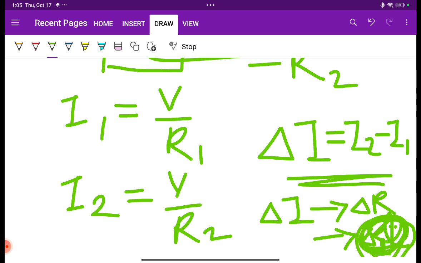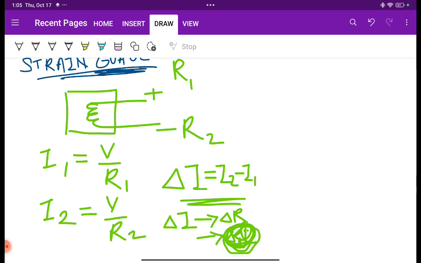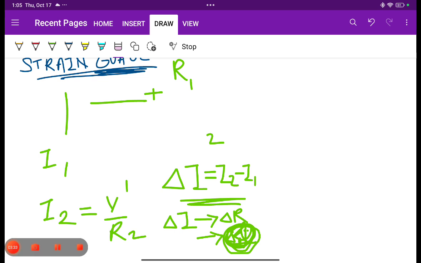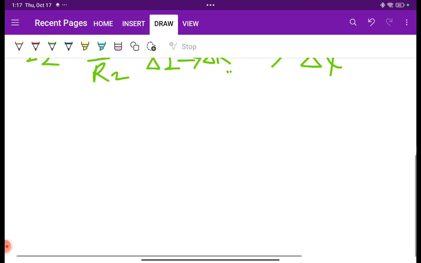So delta I helps to determine delta R, which further helps to determine delta L, meaning the change of length. So in our view, strain gauge is a device used to measure longitudinal strain in only one particular direction on the surface of a body subjected to external load.